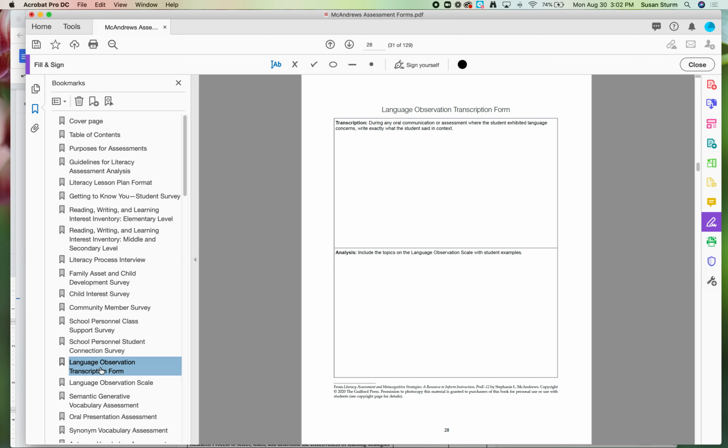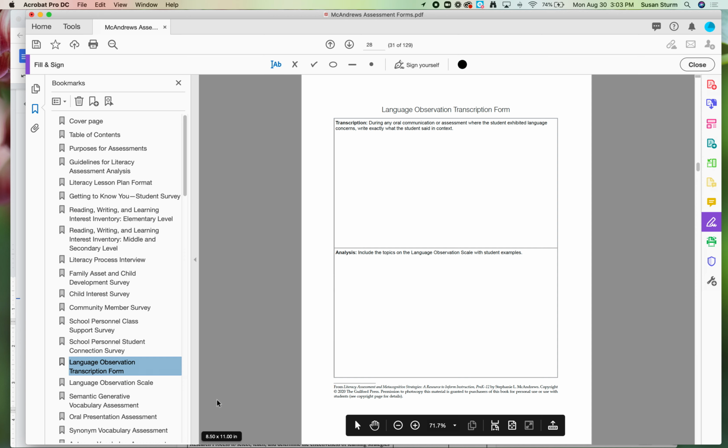We'll look at those in just a second, but this one is really broadly designed so that you are simply watching the student, listening to what they say and do, and writing down on this page your observations.